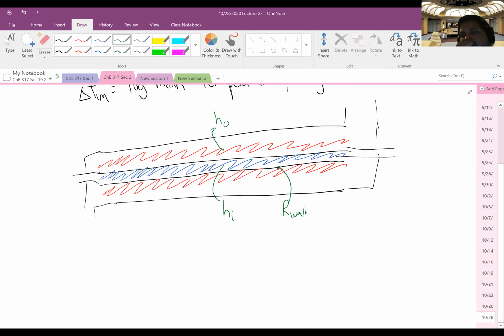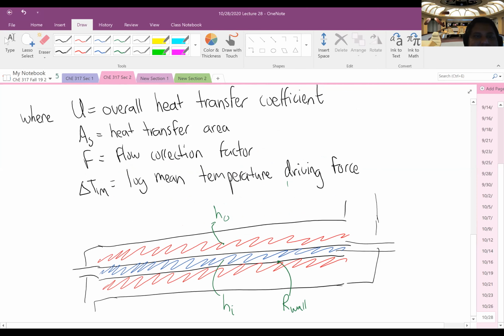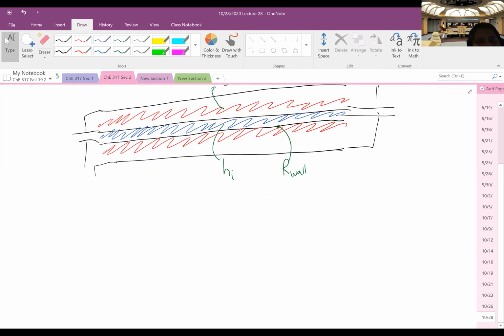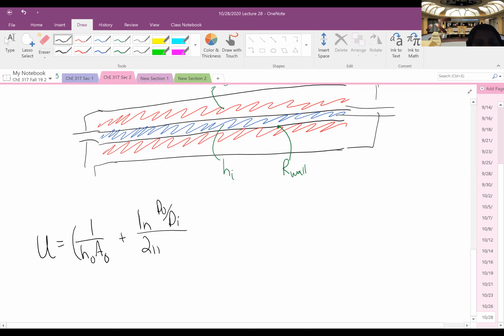And the total heat transfer coefficient, or the overall heat transfer coefficient, ends up being a function of each of these three terms, such that I can calculate my overall heat transfer coefficient U as 1 over h_o A_o plus ln(d_o over d_i) divided by 2 pi k L plus 1 over h_i A_i, all to the negative 1.